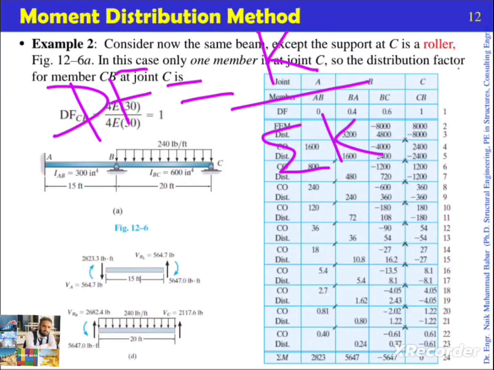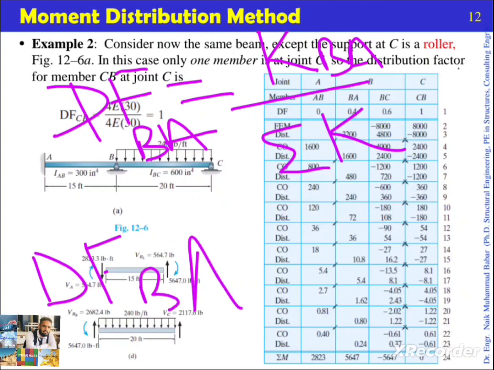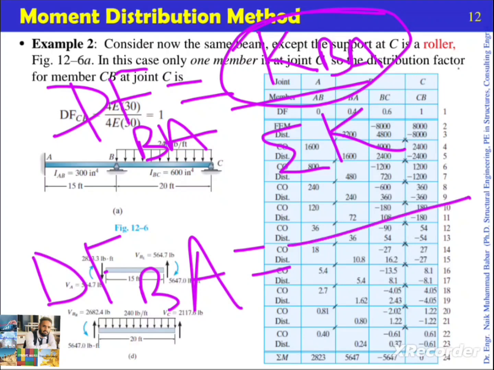So DF BA is equal to the stiffness of BA divided by the total stiffness at point B. Since there are 2 members attached at joint B, we will add the 2 members' stiffnesses in the denominator. So the distribution factor for BA will be KBA divided by the stiffness of BA and BC.